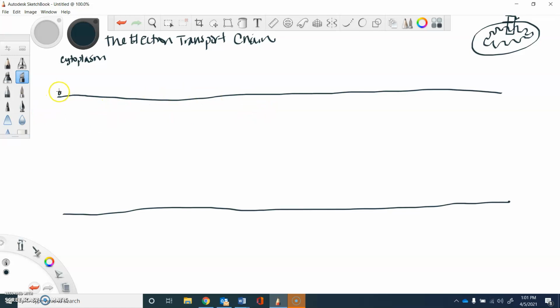This is the outer membrane of the mitochondria. This here is the intermembrane space. This is the inner membrane. And so down here is going to be the matrix.